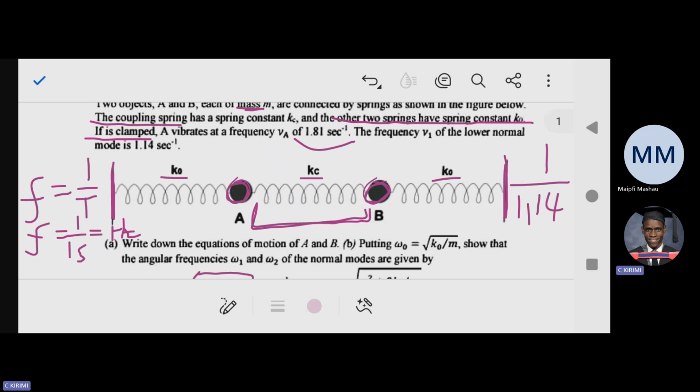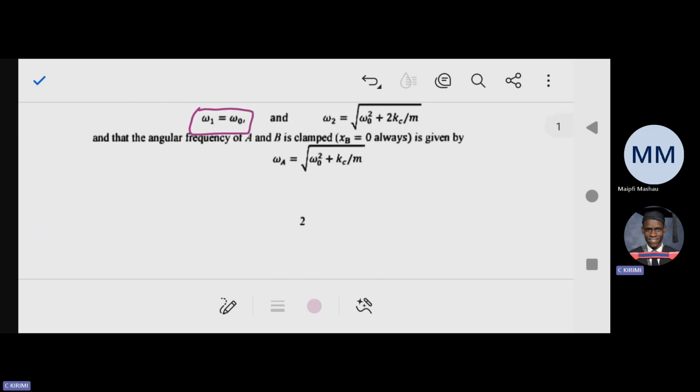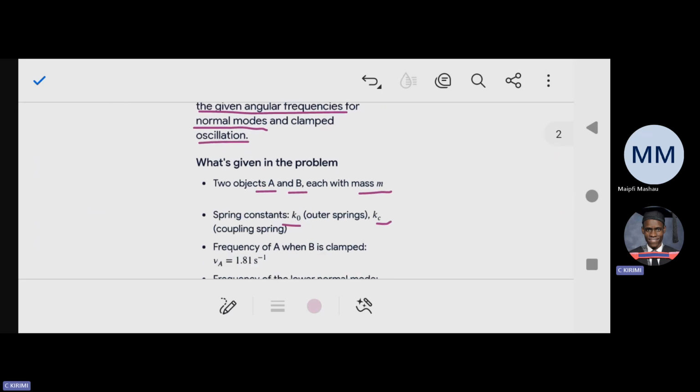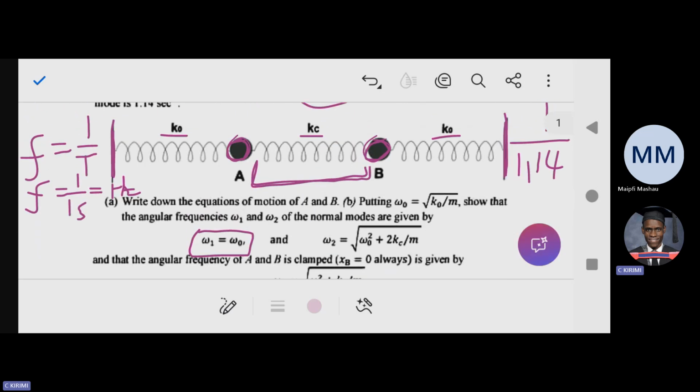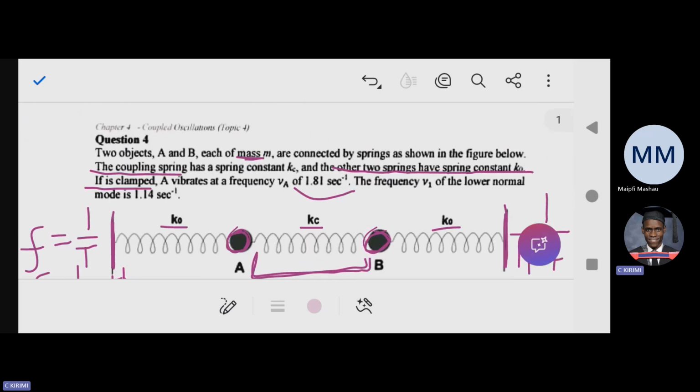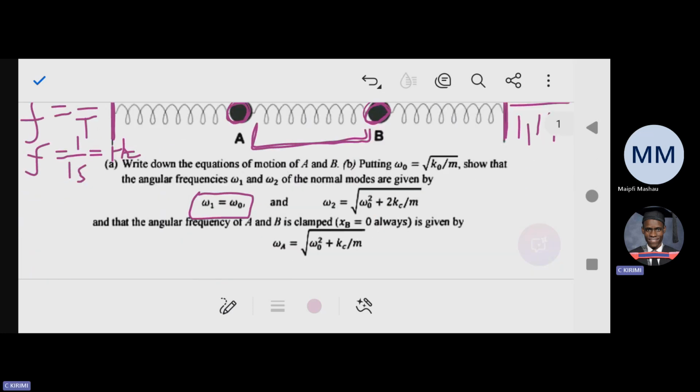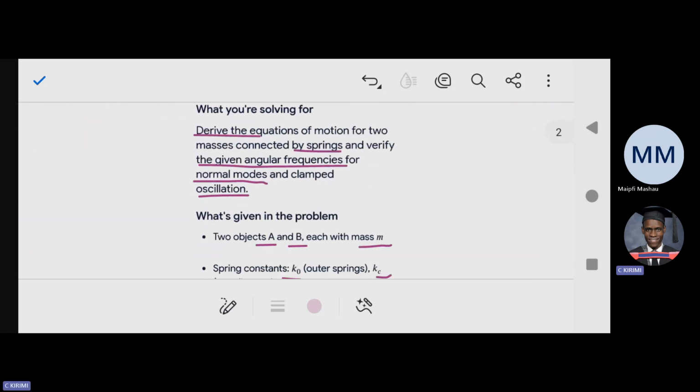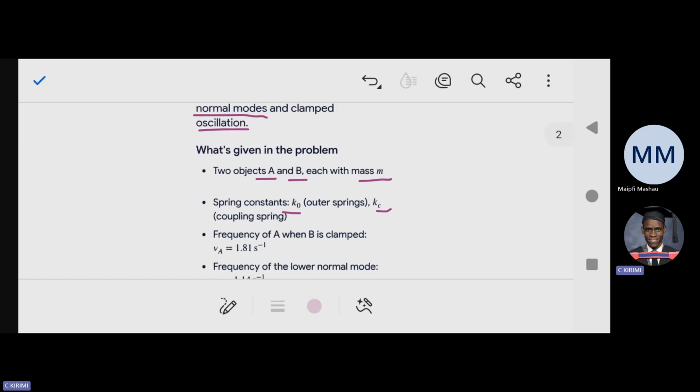Remember they're saying if B is clamped, A vibrates at this. So that is the frequency of A if B is clamped. So B is the one that is being referred to. If B is clamped, then A is going to vibrate like that with that frequency of 1,81 per second.